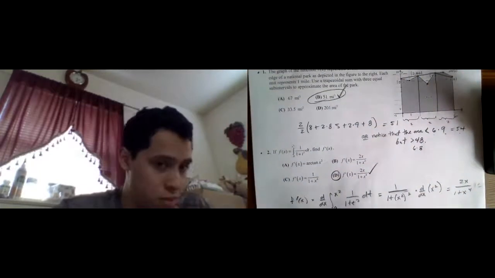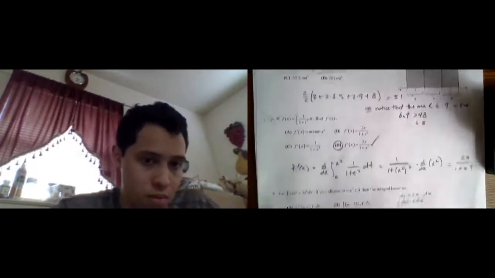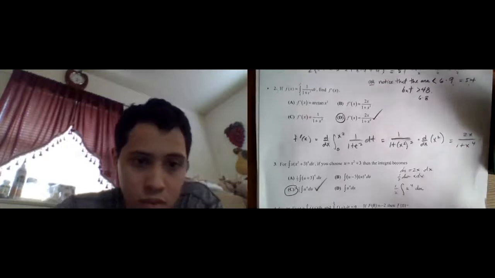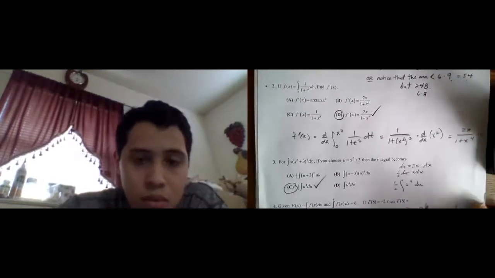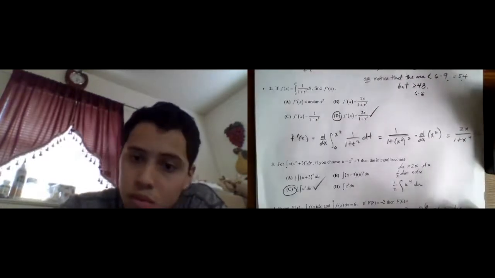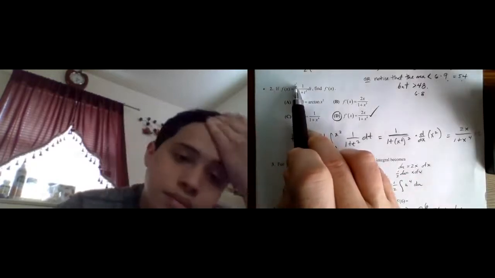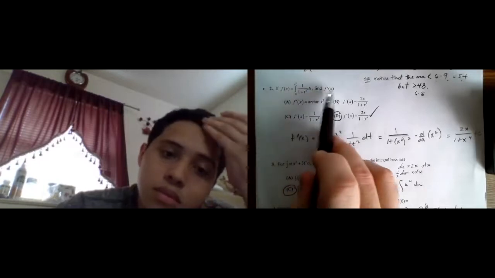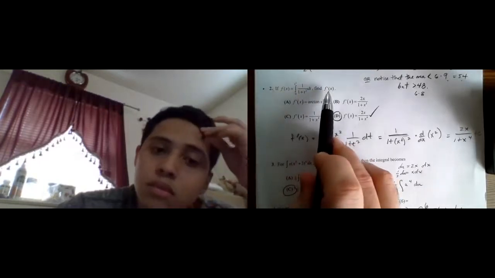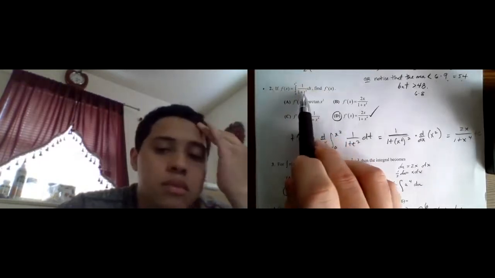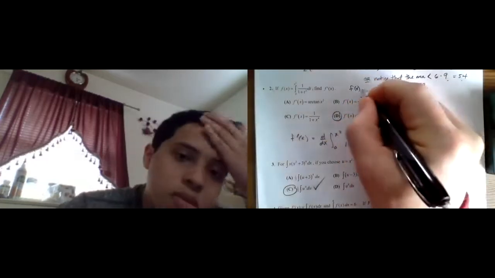Number 2 is going to be a frequently missed question because it involves both the fundamental theorem of calculus and the chain rule. And most students often forget the chain rule. Notice that the upper limit of integration there is not x, it's x squared. So we have to treat this f of x here as a composed function. Think of f of x here as being g of x squared.